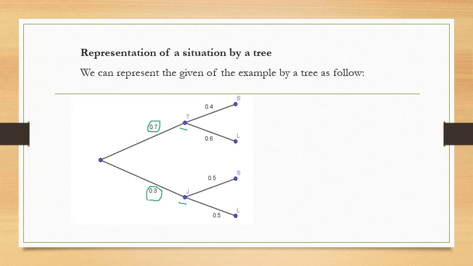Now from the t-shirts we have either small size t-shirts or large size t-shirts. This is the probability of a small item chosen from the t-shirts, and this is the probability to choose a large sized t-shirt. And similarly, here we have a small sized jacket, and here we have a large sized jacket.